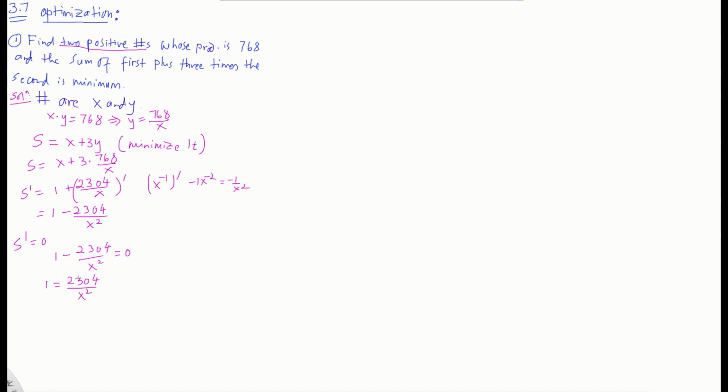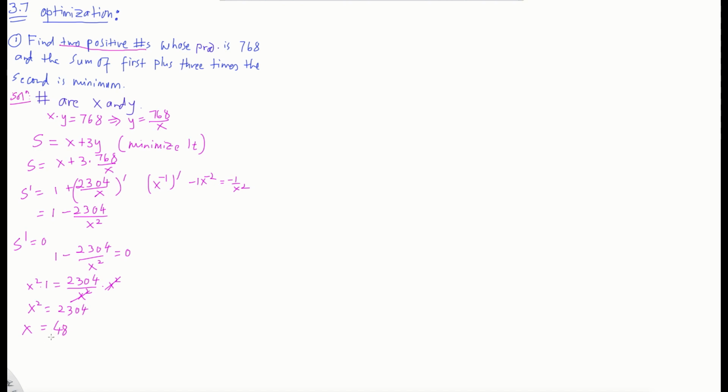Multiply by x squared on both sides, and the x squared cancels, so basically x squared equals 2304. Now you need to take the square root. You consider only the positive sign, because the question says two positive numbers. The square root of 2304 is 48.